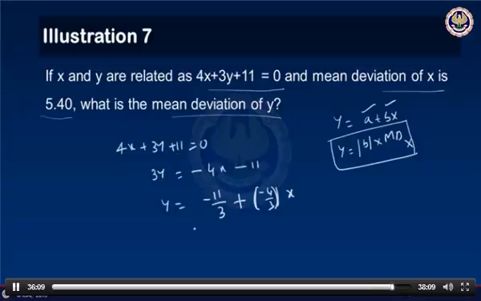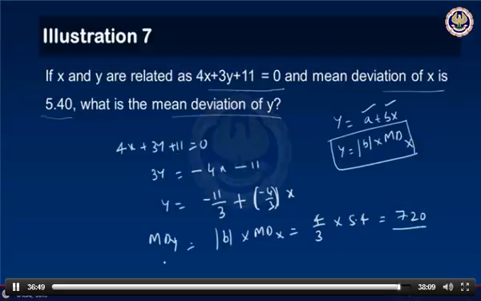Now we have to find the mean deviation of y. Based on the earlier discussion, mean deviation of y equals modulus of b into mean deviation of x. This is minus 4 by 3, it becomes 4 by 3 into 5.40, and it becomes 7.20, which is the mean deviation of y.